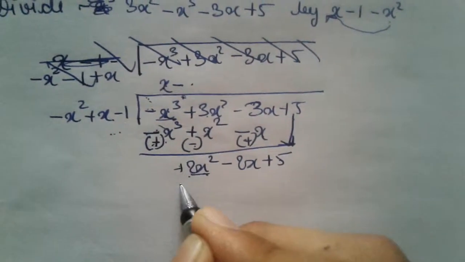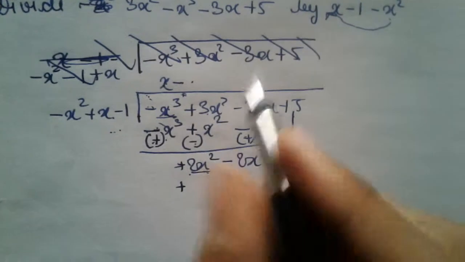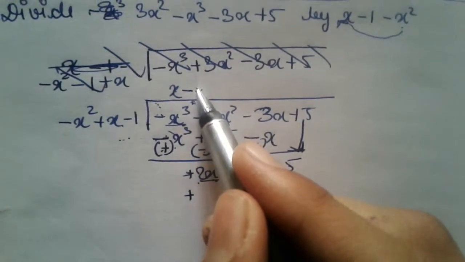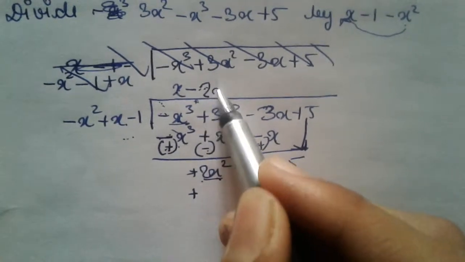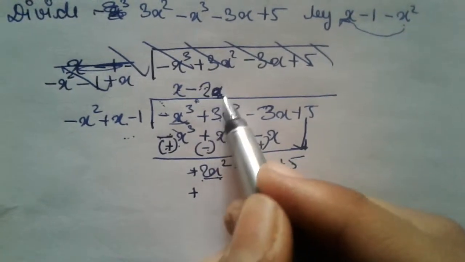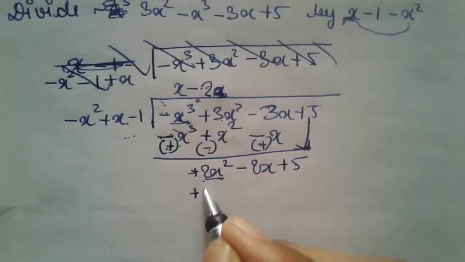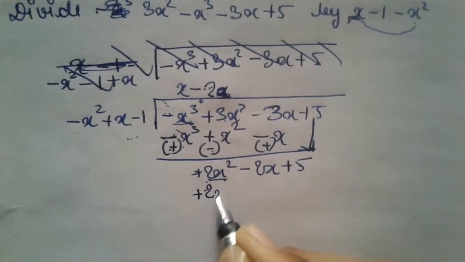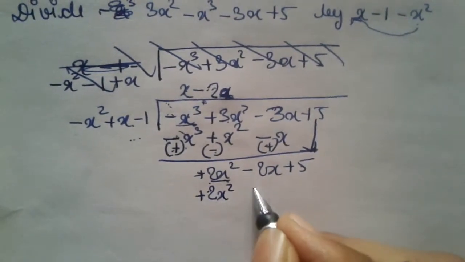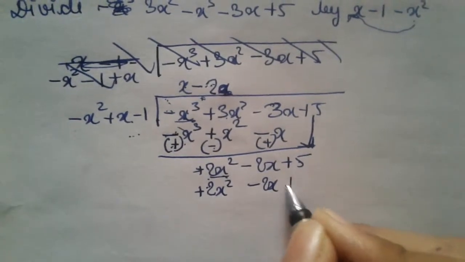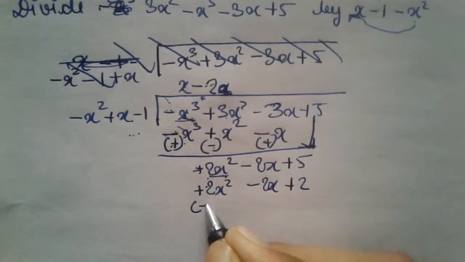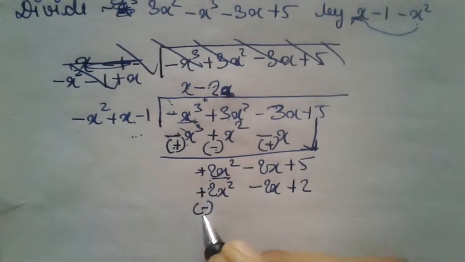The only term which I can think of is minus 2x, sorry, minus 2. This gives a rise of 2x square minus 2x plus 2.